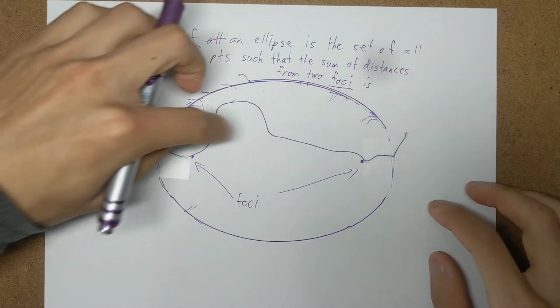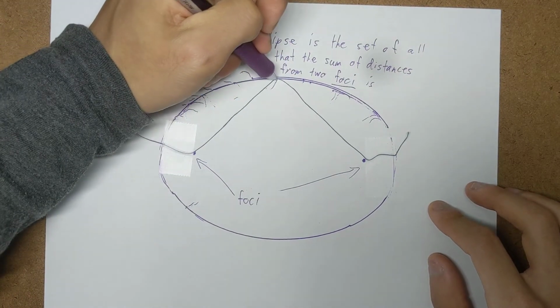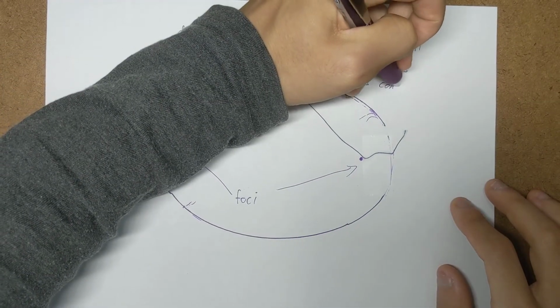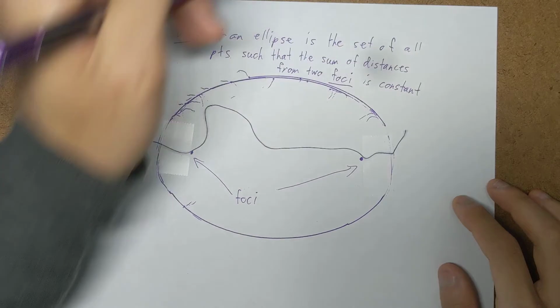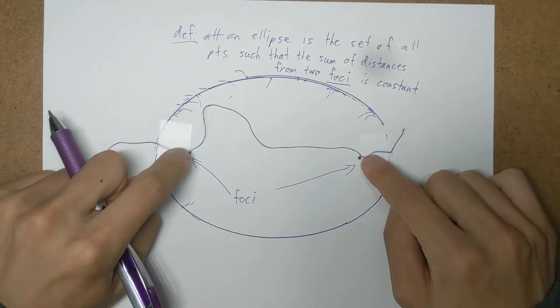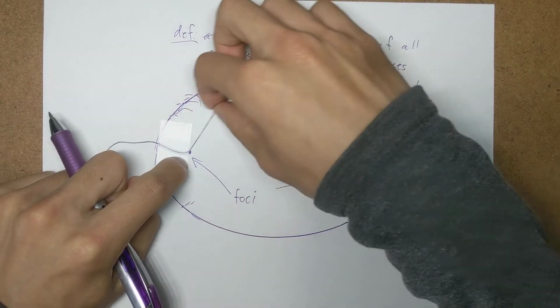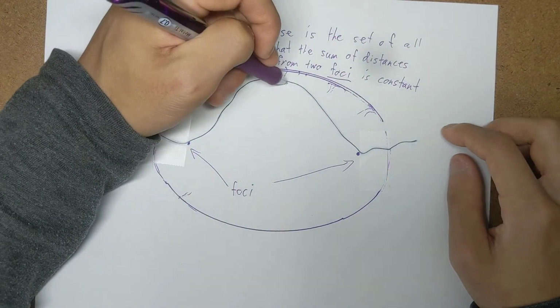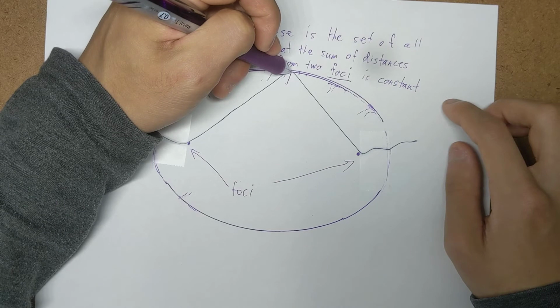So that total distance, which is again this distance plus this distance, is constant. So if you just give me 2 foci and you tell me how long this total length is, I could draw an ellipse because I could just take that piece of string and then draw it around.